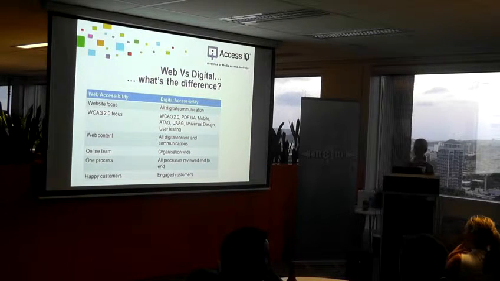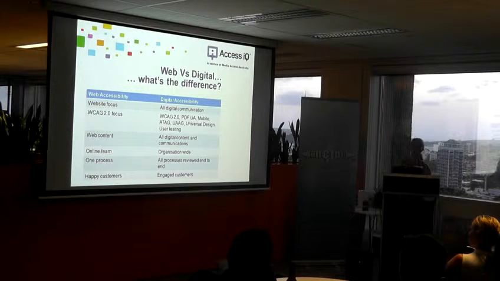So digital accessibility takes into consideration WCAG, PDF/UA, which is around the accessibility of PDFs, mobile accessibility, ATAG, which is the Authoring Tool Accessibility Guidelines, UAAG, which is the User Agent Accessibility Guidelines, Universal Design, and other broader user testing as well. Web accessibility is around web content, like I said before; digital is more about all different kinds of digital content and communications.